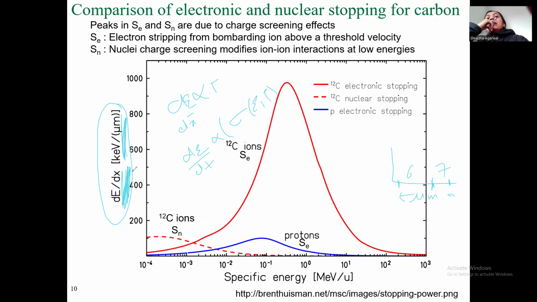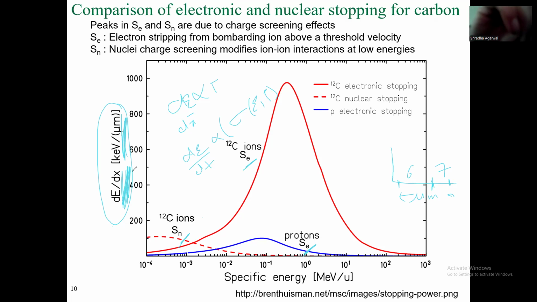So now on your screen, you have three things: electron stopping power, neutron stopping power, and then you have stopping power of protons, right? Now, they say electron stripping from the bombarding ion above a threshold velocity.